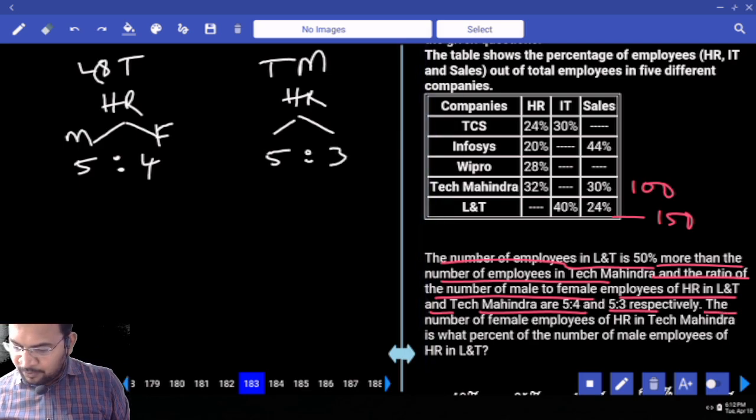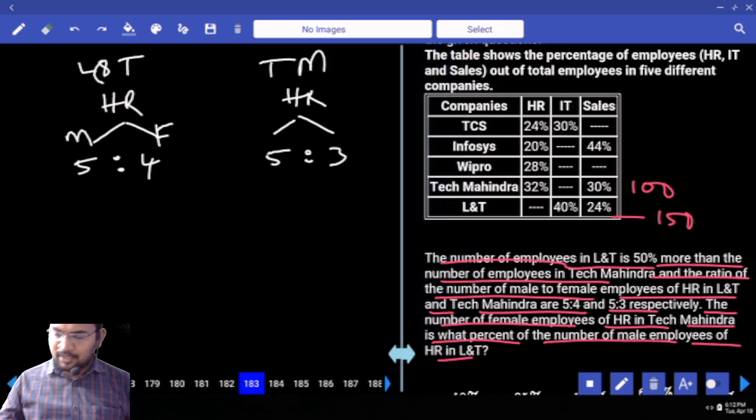The number of female employees of HR in Tech Mahindra is what percentage of the total number of employees of HR in L&T?